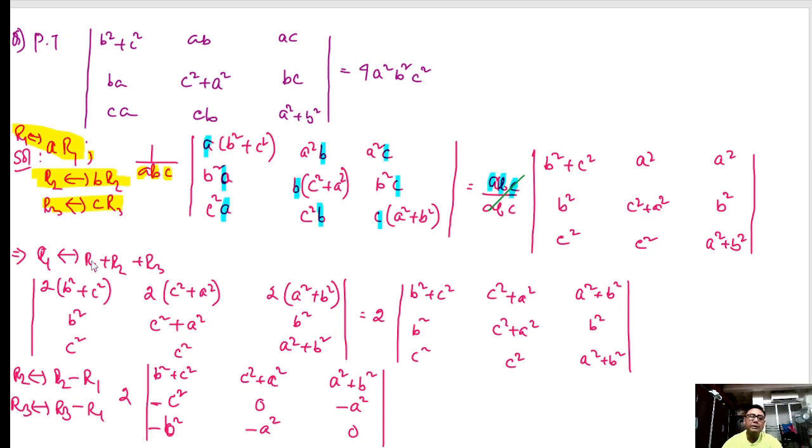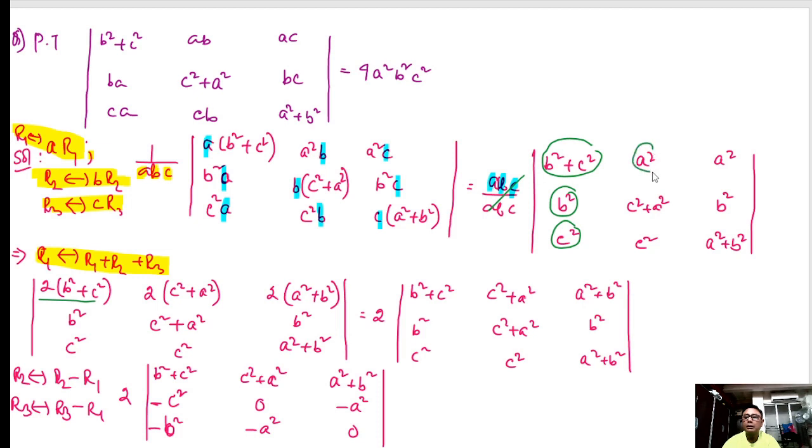And now we are doing this operation, R1 plus R2 plus R3, and keeping it in R1. So let's see. This is our R1 plus R2 plus R3, and we are keeping it in R1.